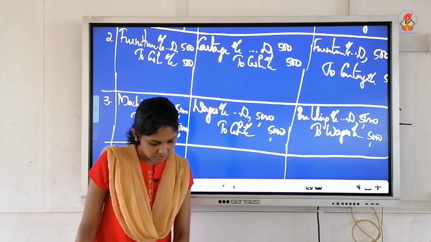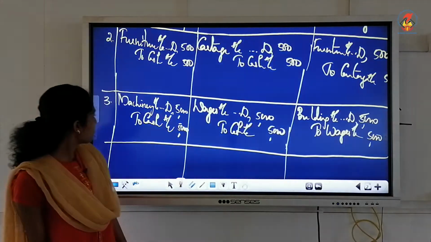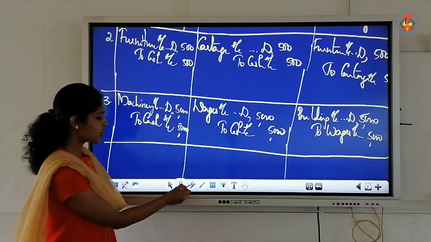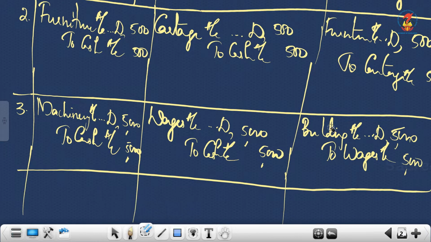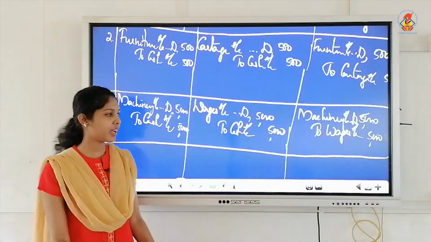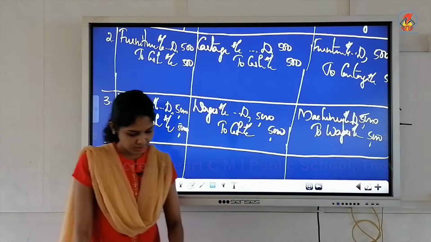Then, is it the machinery which we purchased? Actually, sorry, this is the machinery which we purchased. So, you write it as machinery account, not building account. It is machinery which we purchased. So, write it as machinery account debtor to wages.